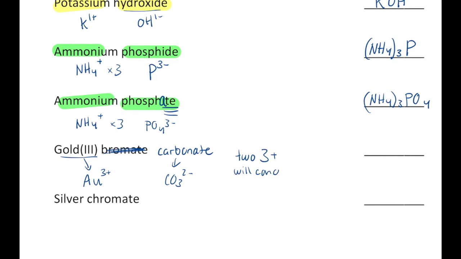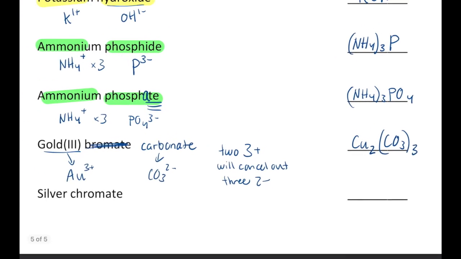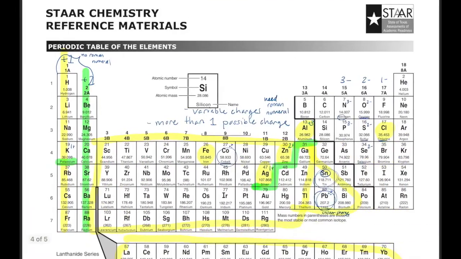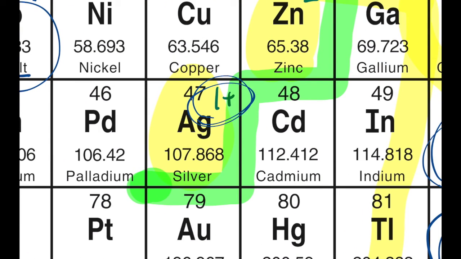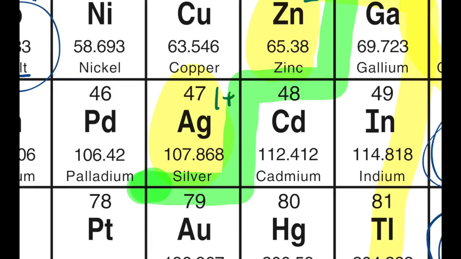This is a problem we've kind of seen before. Now you just have to think, 2 3 plus charges will cancel out 3 of these 2 minus charges. So you're going to have 2 of your gold. I made a mistake in the answer there. You're going to have 2 of those golds and 3 of the carbonates. So it shouldn't be Cu, it should be Au.